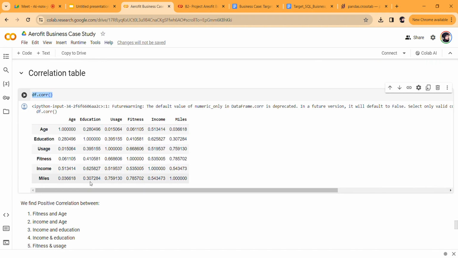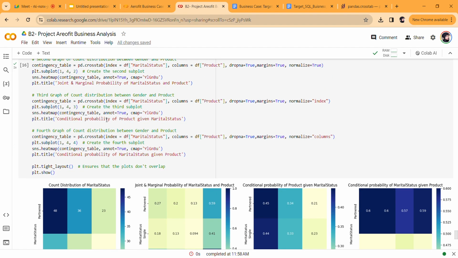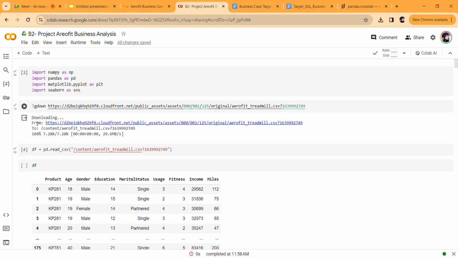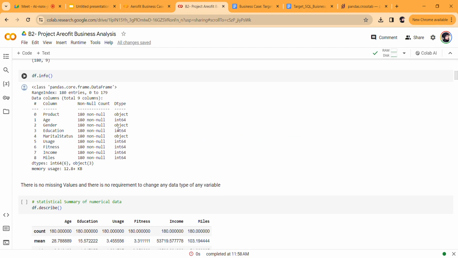There is a bit more code I have to write. df.corr works only on numerical format. Previously it was removing the strings automatically; now we have to remove the string columns on our own. How many string columns are there? Product, gender, and marital status.